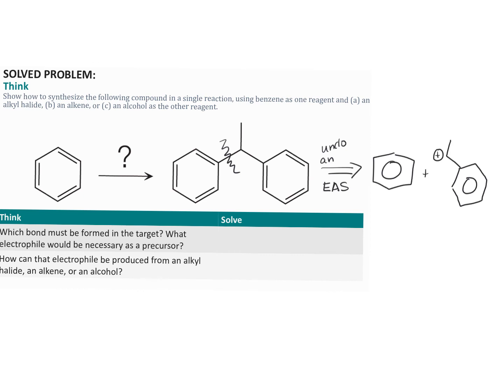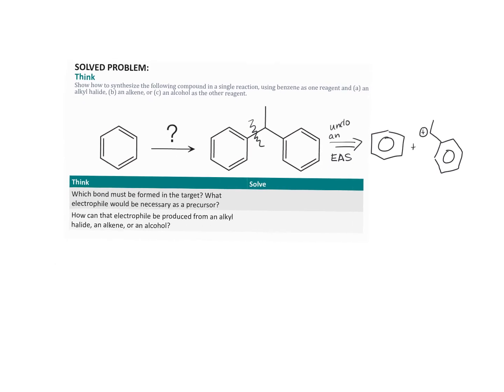And I can see that fairly clearly when I look at where I'm cutting in my line there. Then we say, how could that electrophile be produced from an alkyl halide, an alkene, or an alcohol?